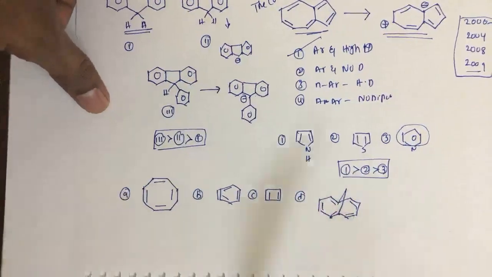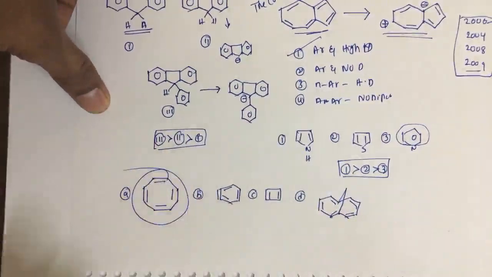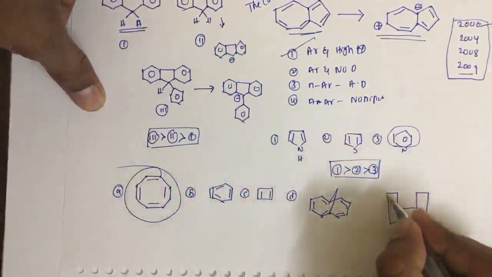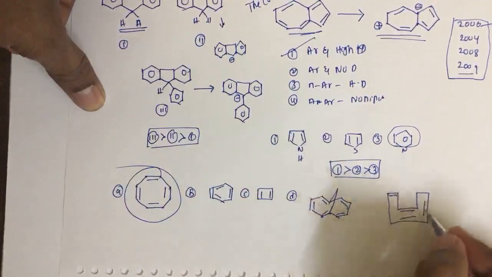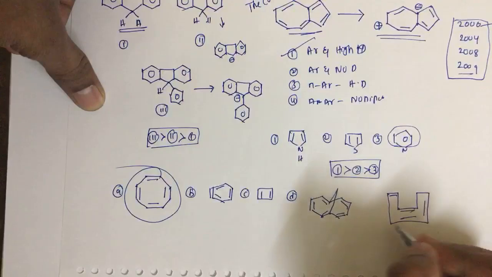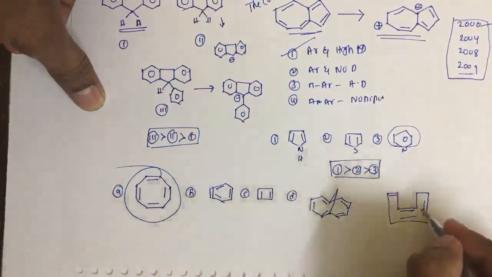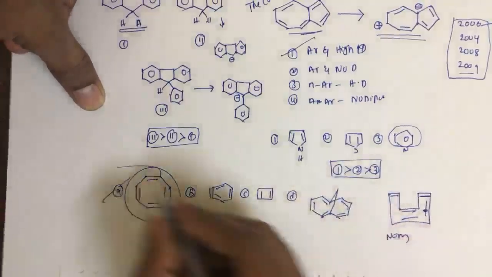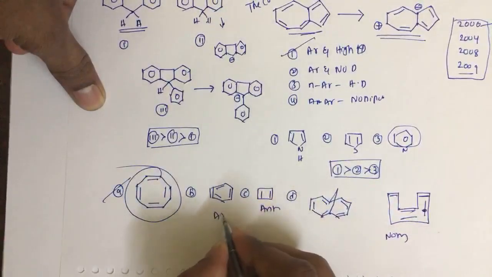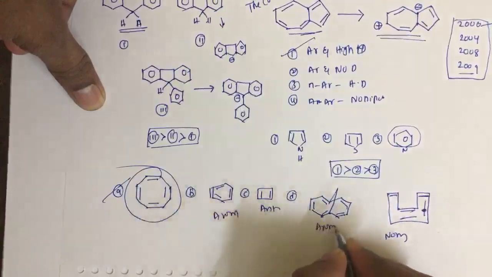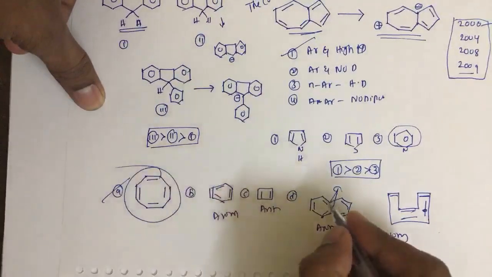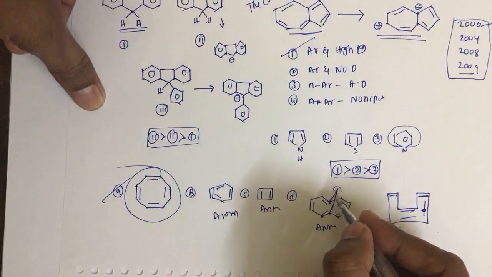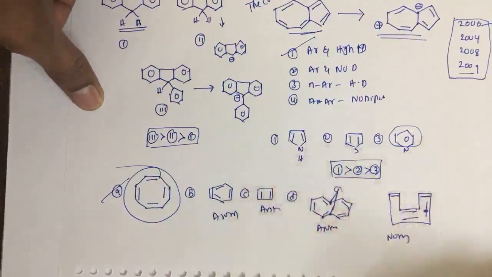So this is very simple. Cyclooctatetraene, it exists in a tub shape. 1 2 3 4 5 6 7 8, it exists in the tub shape. Okay, so this is non-aromatic in nature. So this is anti-aromatic, this is aromatic, and this is also aromatic. This we cannot call homoaromatic because these two carbons are connected by a CH2, but this is out of the plane, so this comes under aromatic.